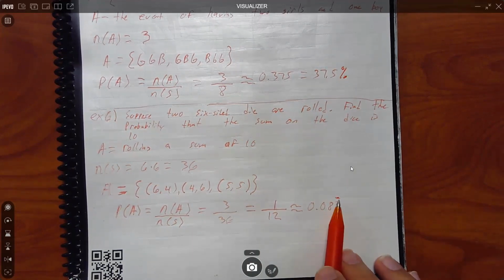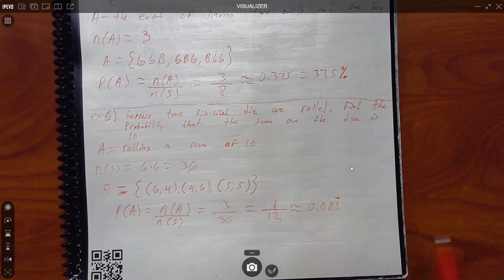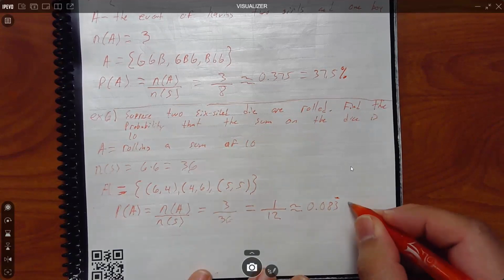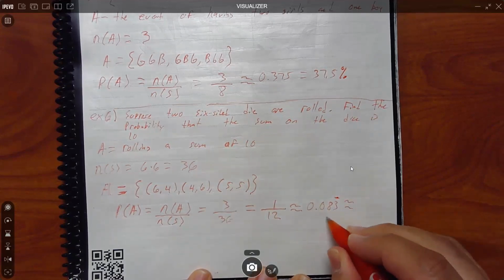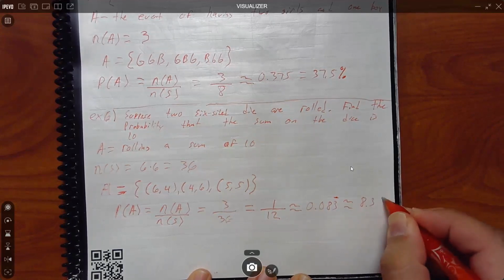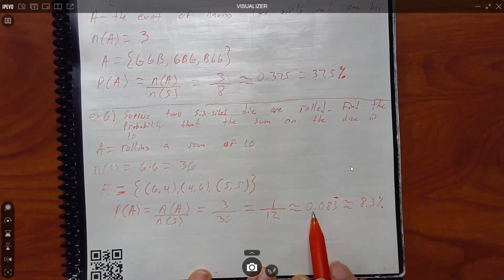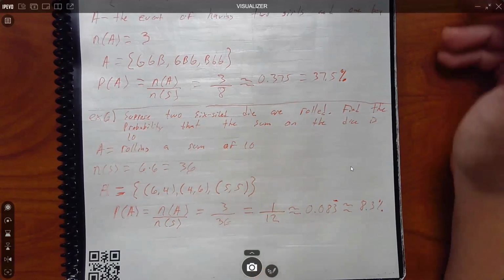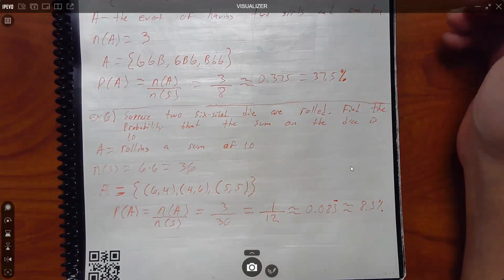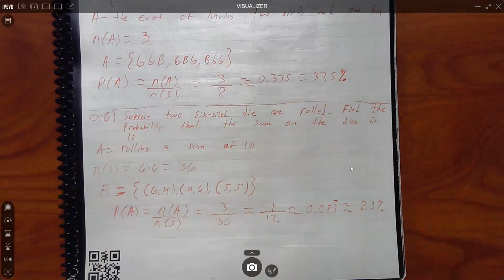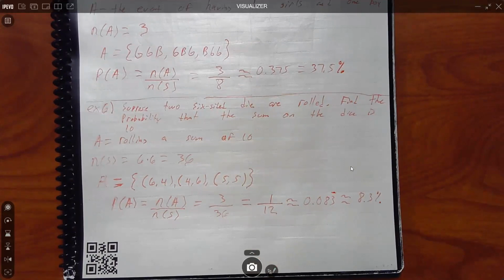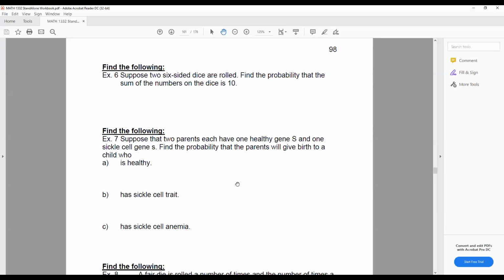Oh, that little line means repeated 3s forever. So that's about 8.3% chance. So 3 out of 36 is about 8.3%. Then you're going to roll a 10. Yep. Alrighty.